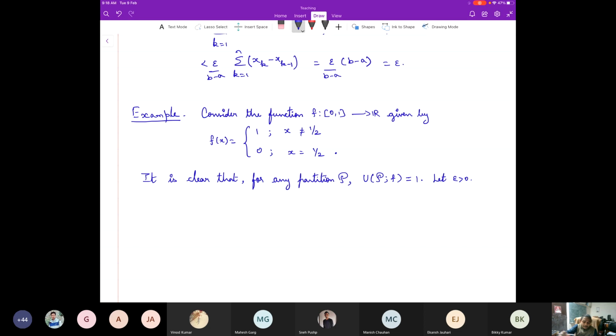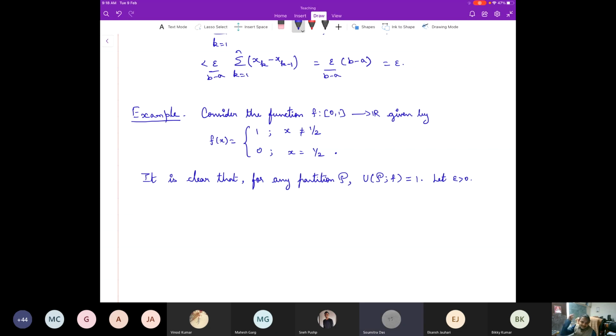Just get me the partition. In this case, it is quite easy. Sir, 1 by 2 will be a point of that partition. Any partition containing 1 by 2.